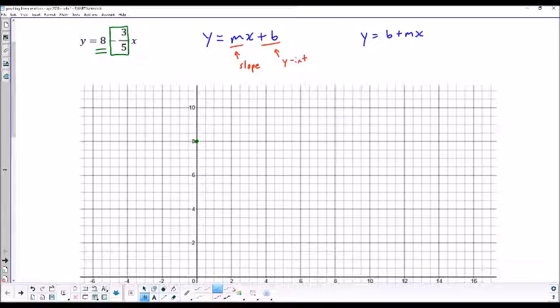So I'm aware that a way of looking at slope is rise over run. Okay, and we know that's delta y over delta x, so the change in y over the change in x. And that's all I really need to know in this case. I don't need to know the other formula.